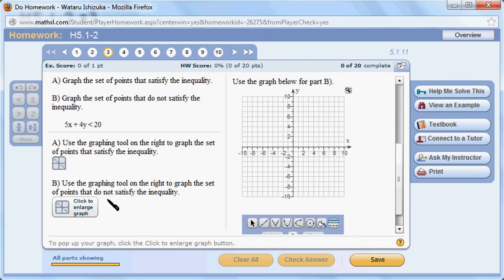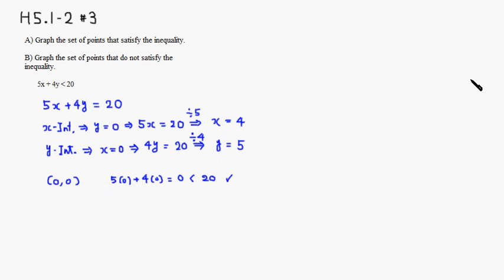Second, use the graphing tool on the right to graph the set of points that do not satisfy the inequality. The borderline is going to be the same. This time, maybe I should rewrite that.